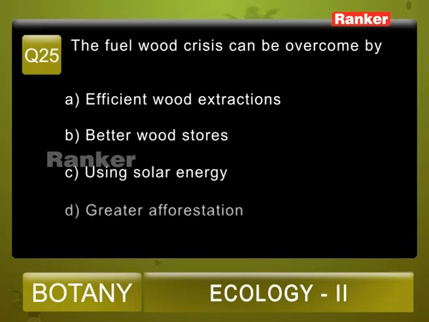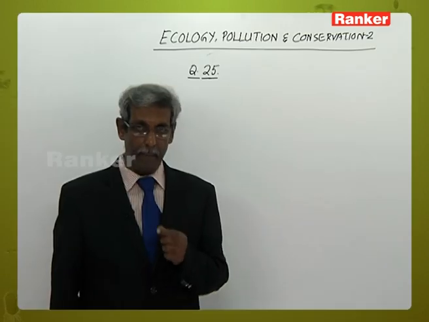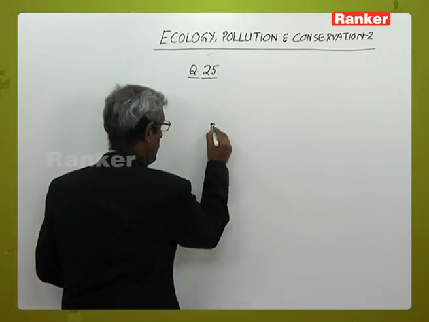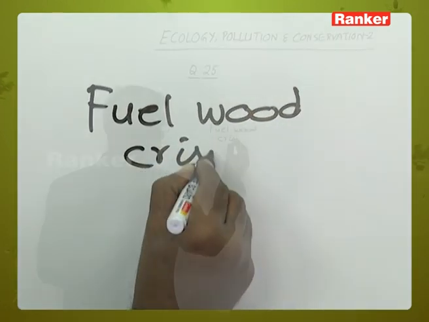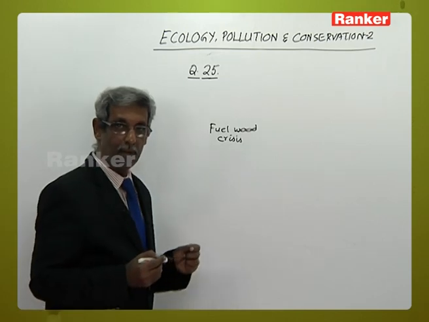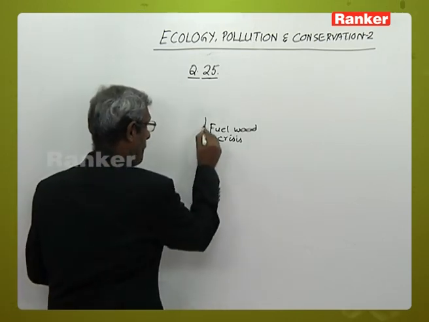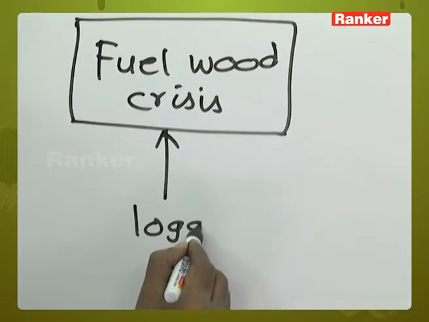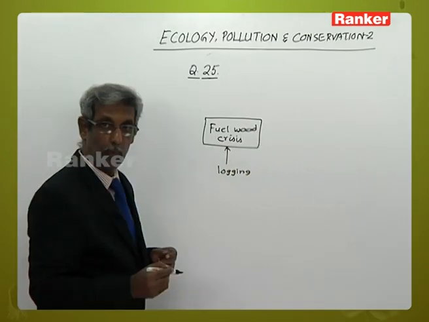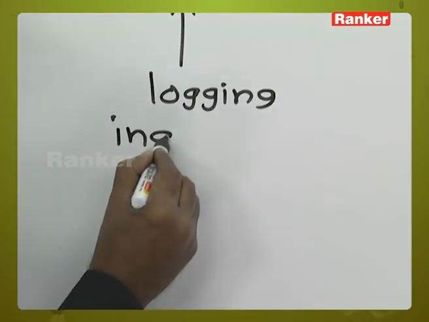Question number 25. The fuel wood crisis can be overcome by A. Efficient wood extraction. B. Better wood stores. C. Using solar energy. D. Greater afforestation. A fuel wood crisis occurs because of inappropriate logging.